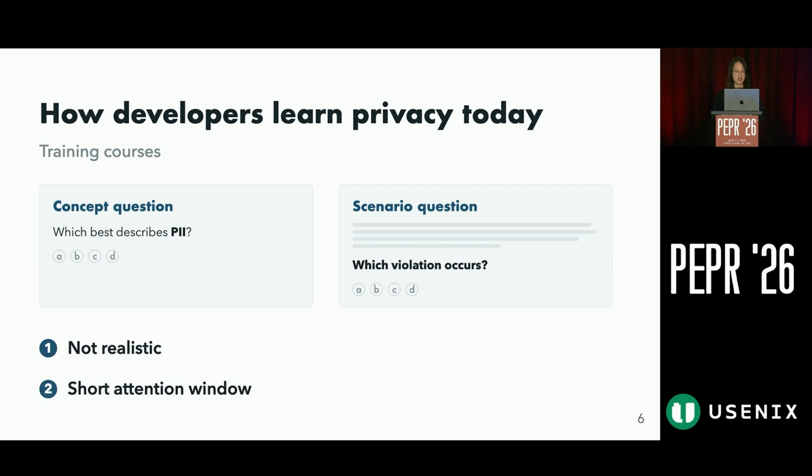But these scenarios are often not realistic. They're often overly simplified and made-up scenarios. On the other hand, these questions do not really hold the learner's attention. It takes seconds or at most a minute to complete these questions. And with this short attention window, they're not really able to learn from it.